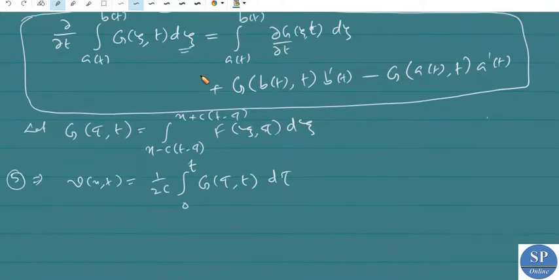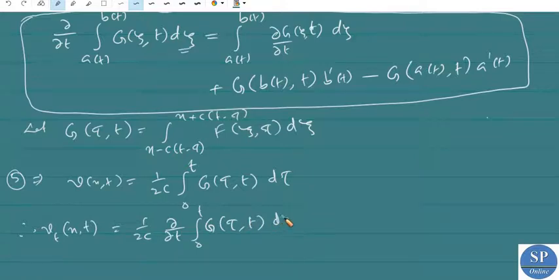Now we can apply this Leibniz rule here to find the derivative of this. So therefore vt is equal to 1 by 2c into dou by dou t of the integral from 0 to t of g of tau comma t d tau.